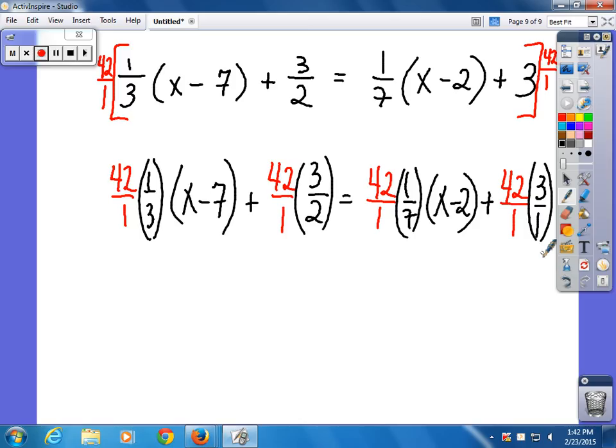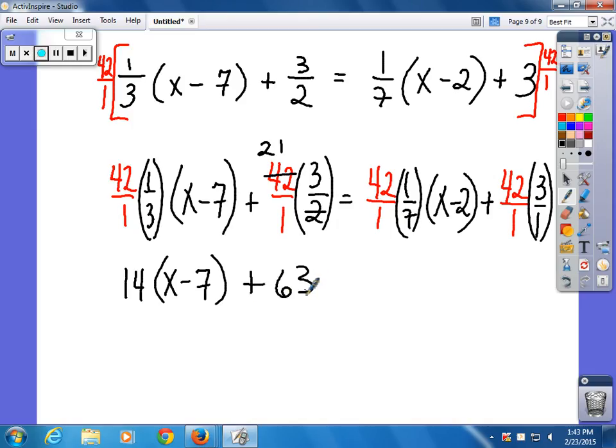So what's 42 divided by 3? 14. 42 divided by 2 is what? 21. And 21 times 3 is 63.